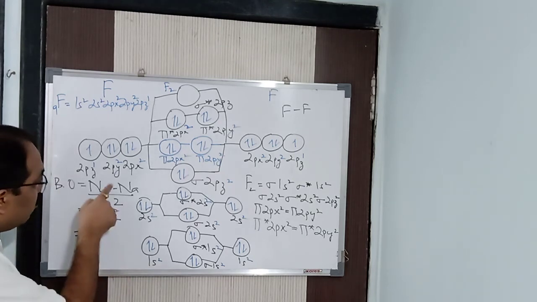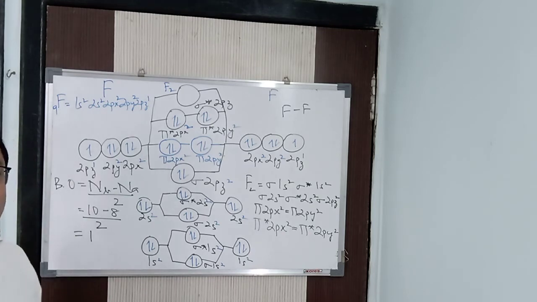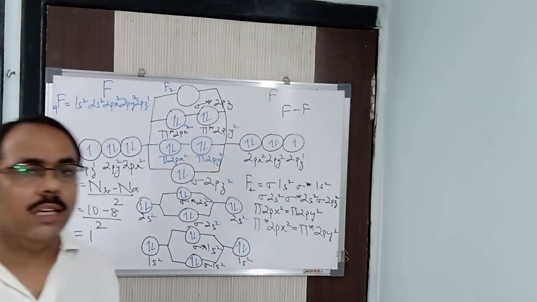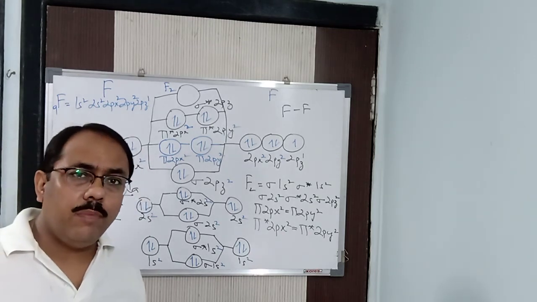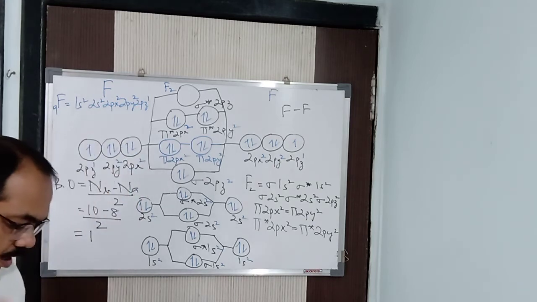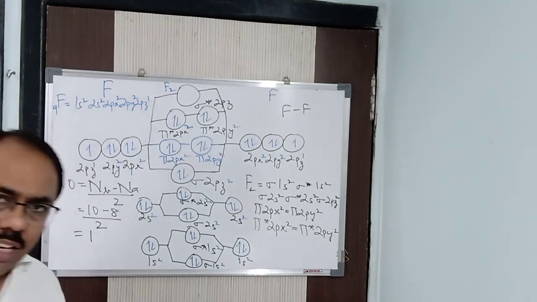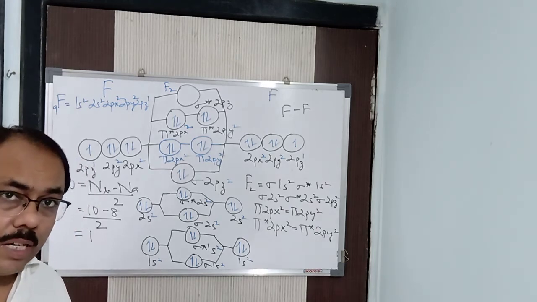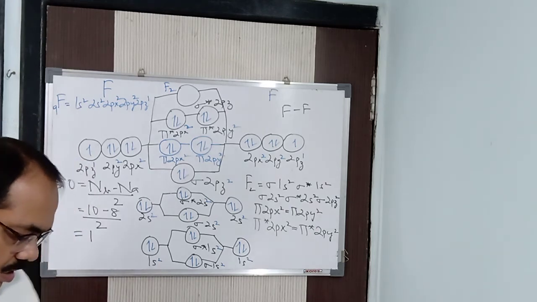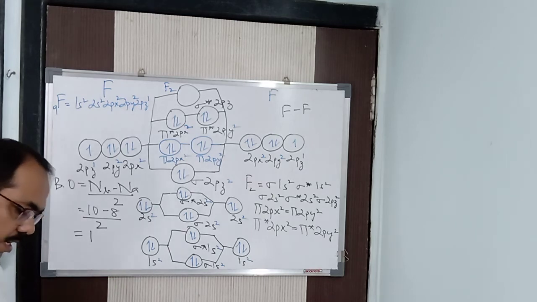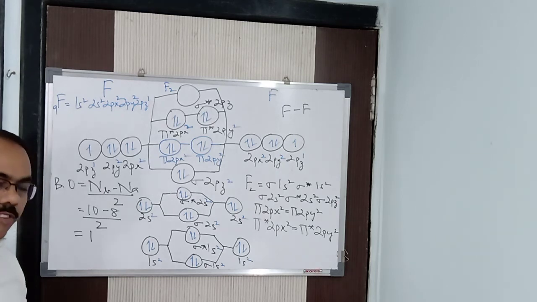Even if Nb is equal to Na, the molecule does not exist. Why? Because the influence of the electrons in the anti-bonding molecular orbitals is greater than the influence of the electrons in the bonding molecular orbitals.